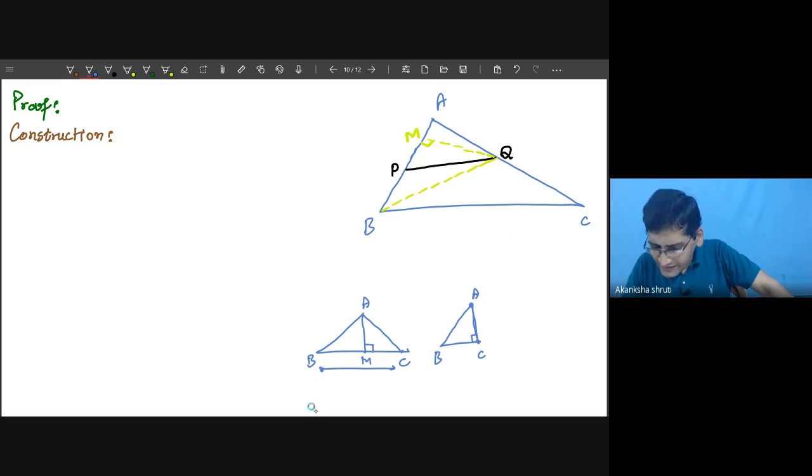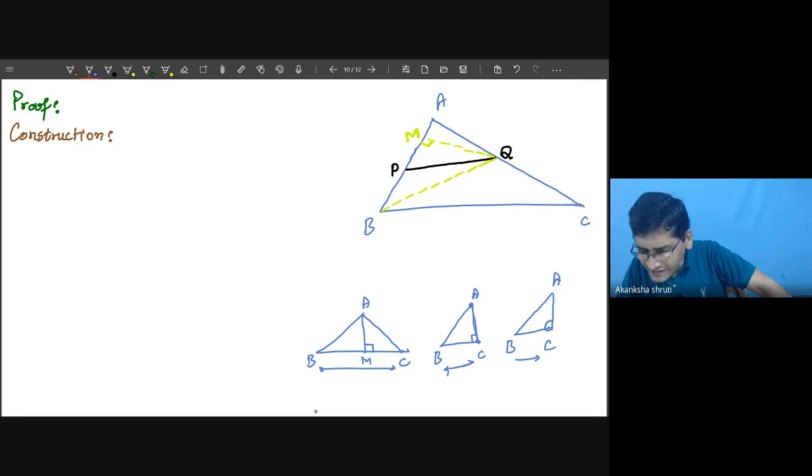Okay, but if this angle C is more than 90 degrees, meaning the triangle is like this, A, B, C, so this is the third figure. In this case, this angle is greater than 90 degrees.